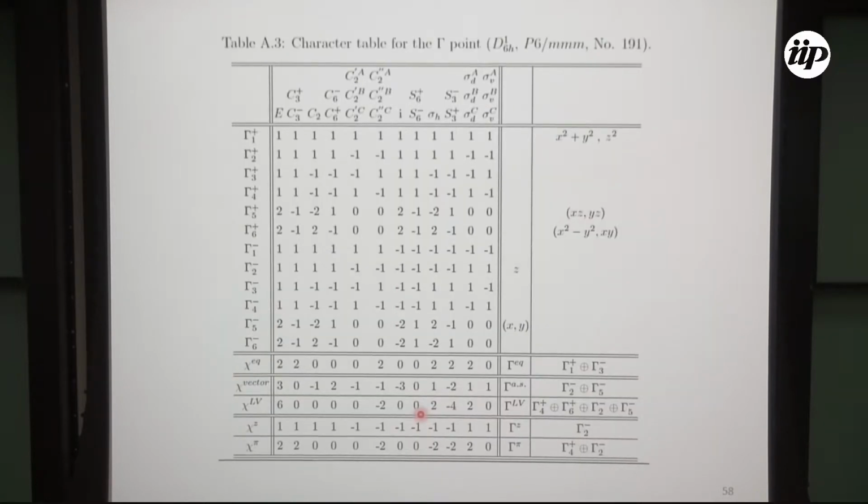So for the gamma point, what we have is the equivalent matrices, which is here. And then what we do for lattice vibrations is ask which representations are associated to the lattice vibrations. Okay, let's go.